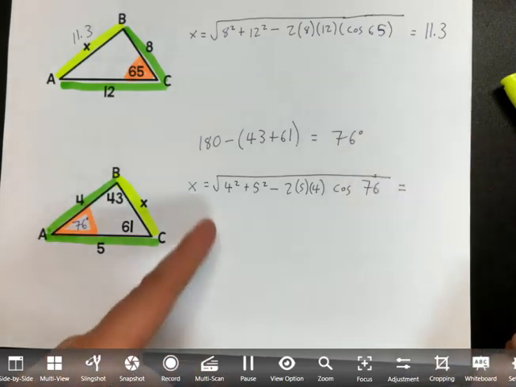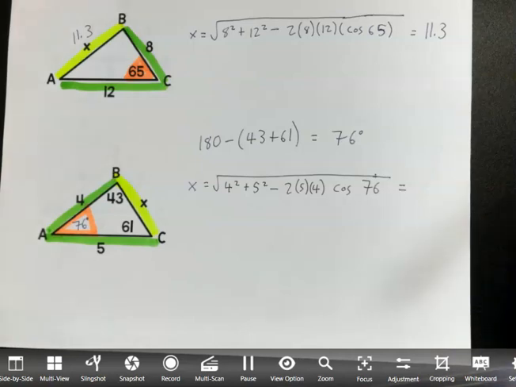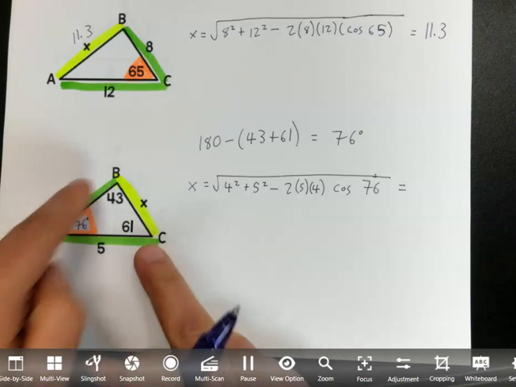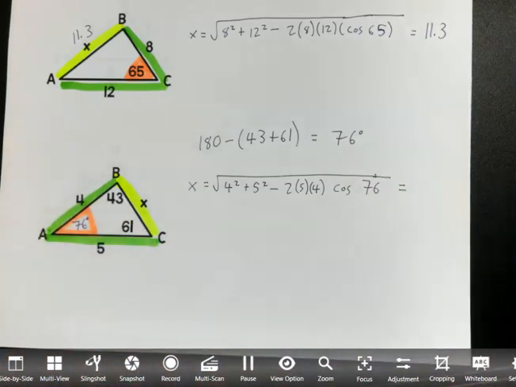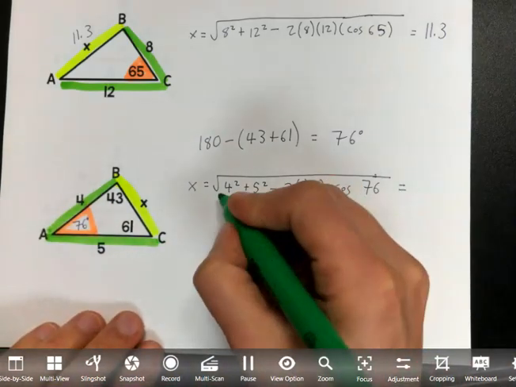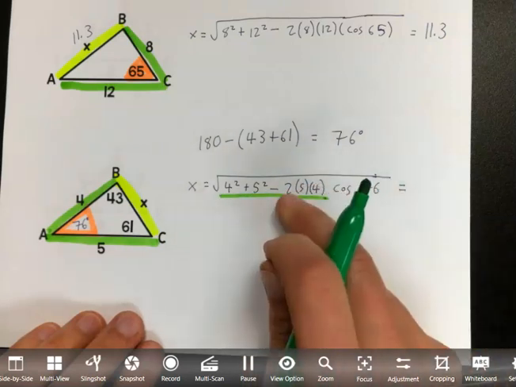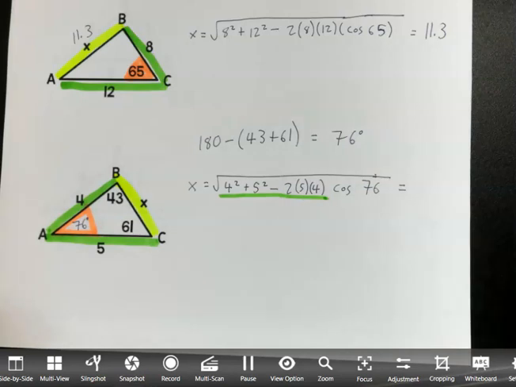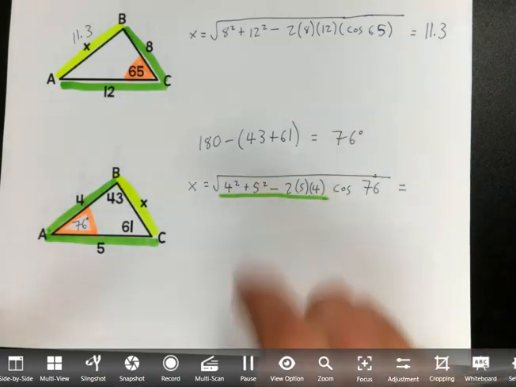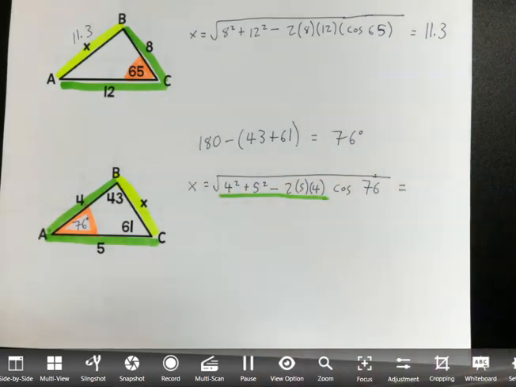Okay? That's what you put into your calculator. I'm just plugging it into the formula. The colors help me see where things go in the formula, right? All of my green stuff is this right here. The 2 is always there in the formula. Okay? So here's my green sides, here's the orange angle, and here's the yellow that we're solving for.